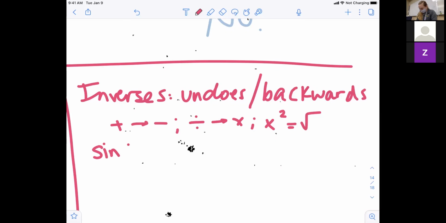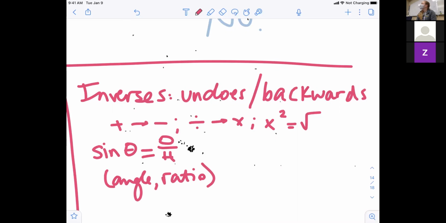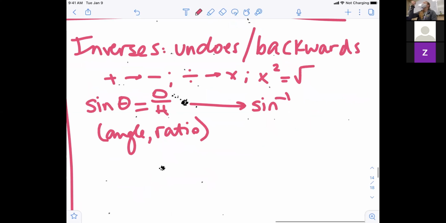Normally when we see sine, we do sine of an angle equals a ratio, opposite over hypotenuse. I'm doing sine of an angle and I get out a ratio. The inverse operation is sine to the negative first, and it's going to be the undoing of that.